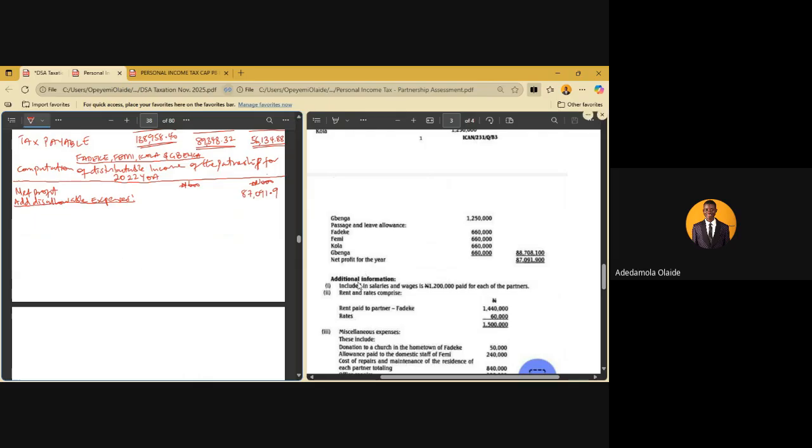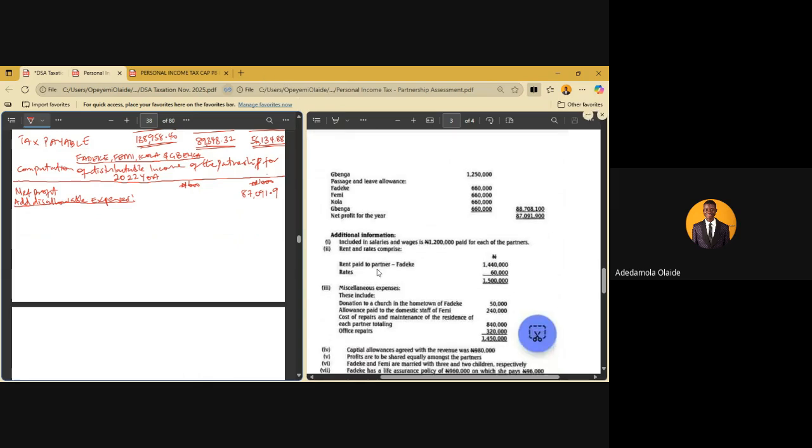Information 1 is allowable. 2 is allowable. 3, donation to church is disallowable. Allowance to domestic staff is disallowable because the domestic staff is not working for the company.